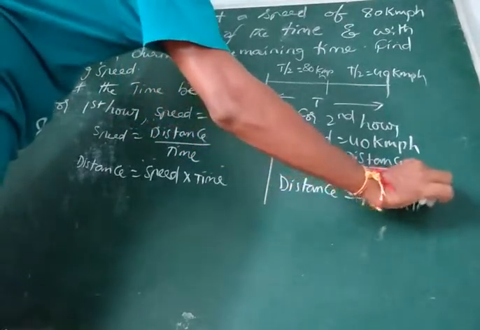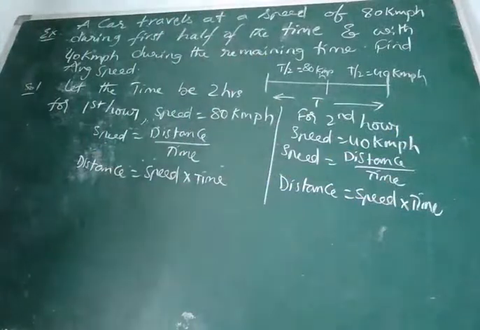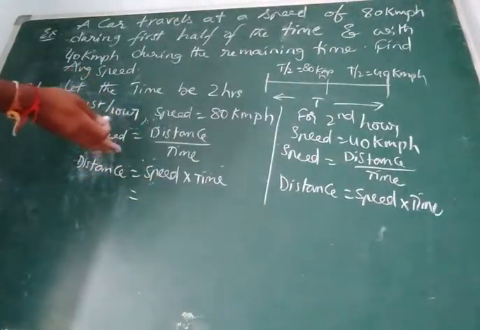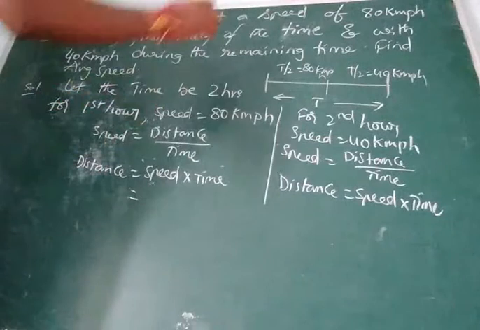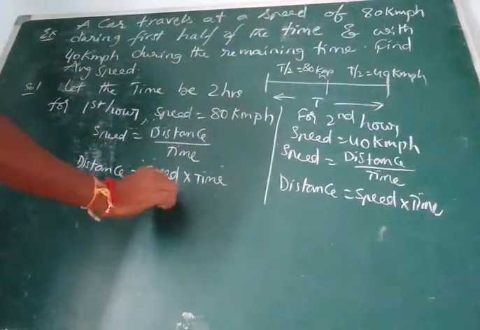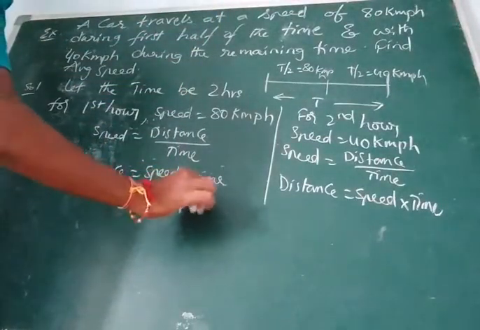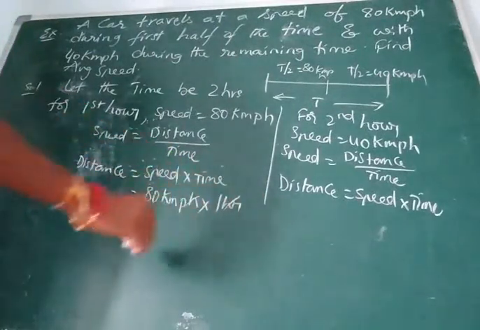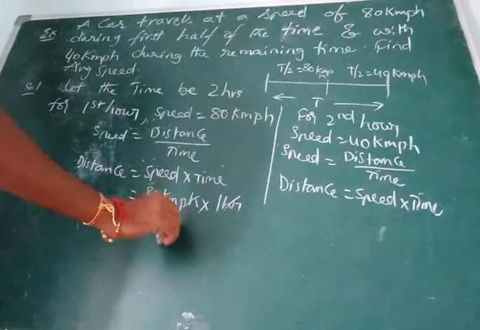So let's calculate distance. In the first hour the speed is 80 km per hour, and time taken is 1 hour. So hour gets cancelled, 80 kilometers.